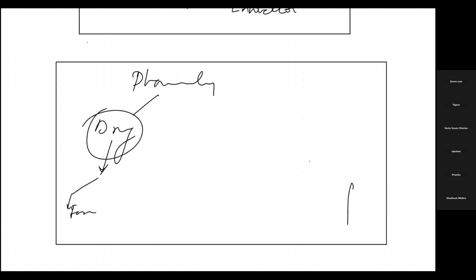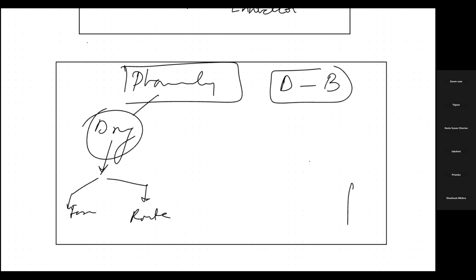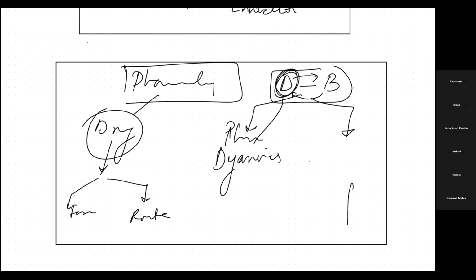Another point we discussed: if there are two players, drug and body, then definitely there will be an interaction. What the drug is doing to the body and what the body is doing to the drug. Whenever we talk about D, remember dynamics: what the drug is doing to the body is pharmacodynamics. What the body is doing to the drug is pharmacokinetics. Now it's time to discuss pharmacokinetics and pharmacodynamics in detail.